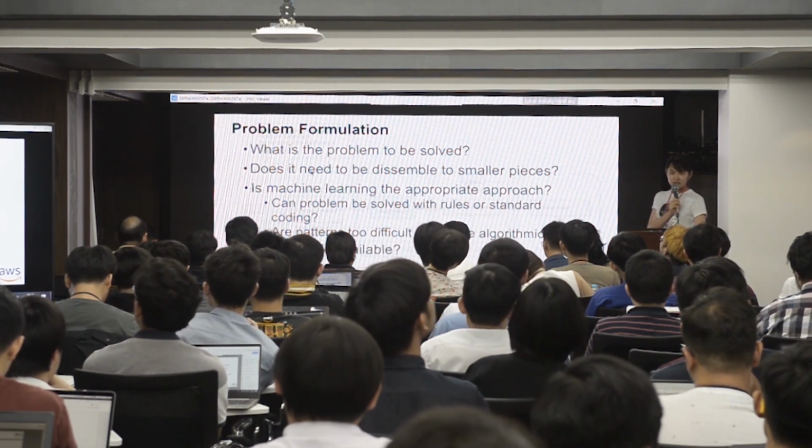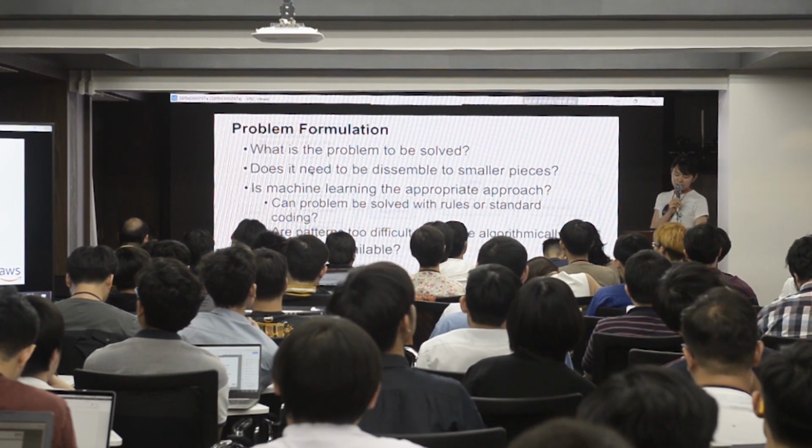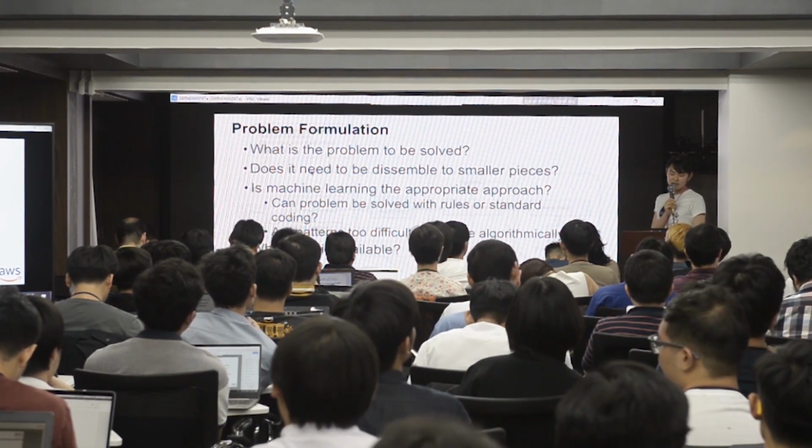And the next question is, what data is available now? If it's a small data set, as you can see from the scikit-learn chart, if it's smaller than 50 samples, you probably need to go back and collect more data.